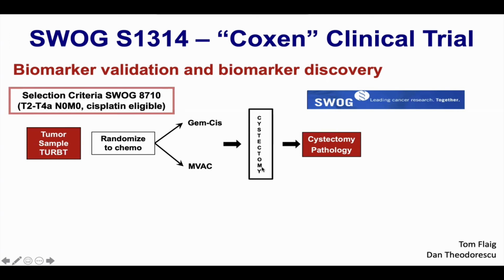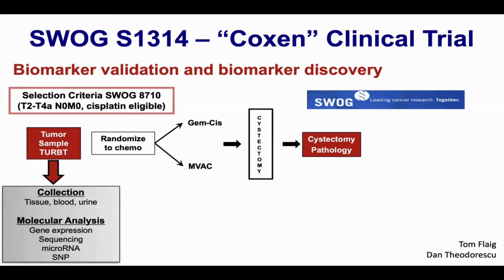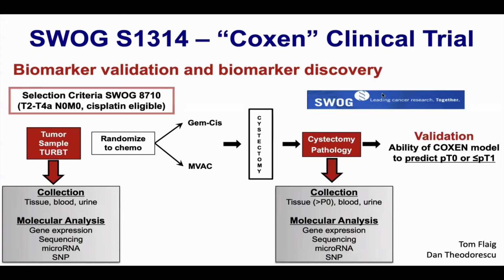And they then underwent cystectomy, and then you had the pathology before from TURBT and pathology afterwards. And the idea was it wasn't powered to compare the two chemotherapies. They just wanted two different chemotherapies involved, so they would be testing for two different combos. And the endpoint was really to predict T0, so no residual disease, or just non-muscle invasive residual disease, with collection of all these biospecimens along the way.